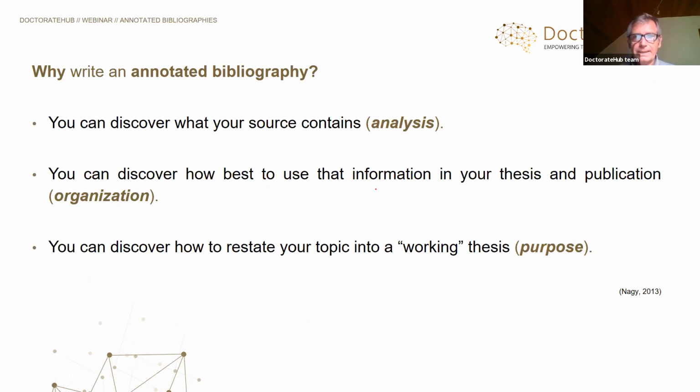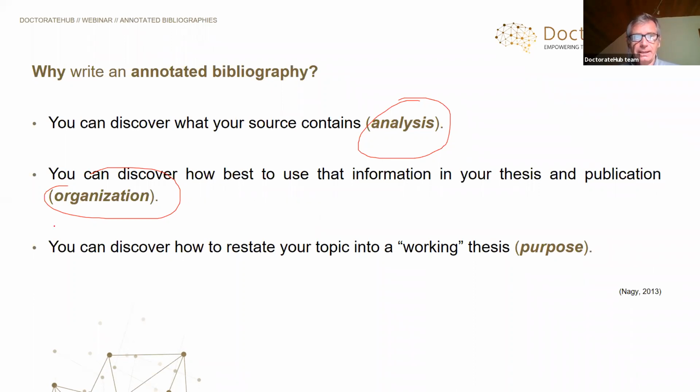So we have said analysis. That means we are analyzing the content of that source. We are using it as organization because, as I said, you can use it in different areas of your thesis. So you can see where it will be contributing.